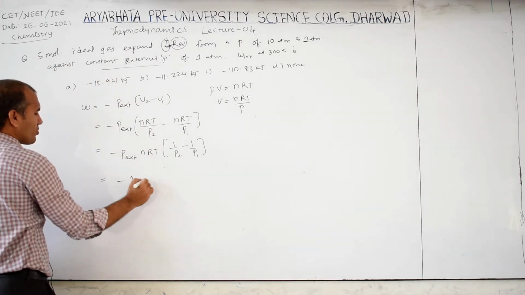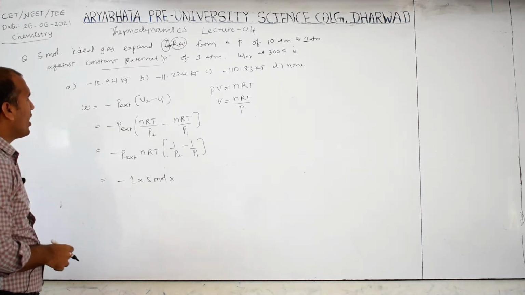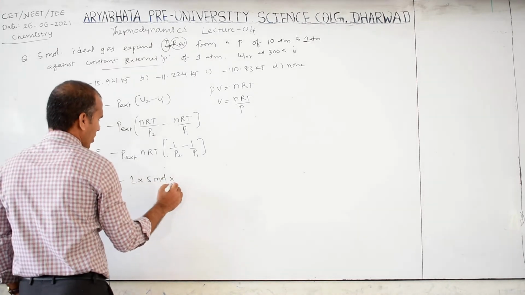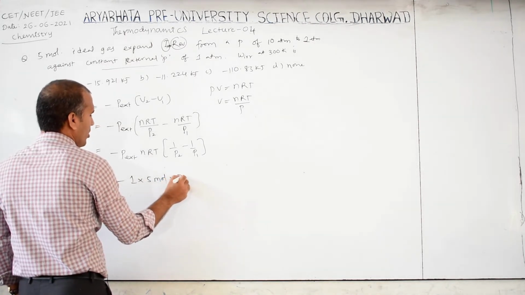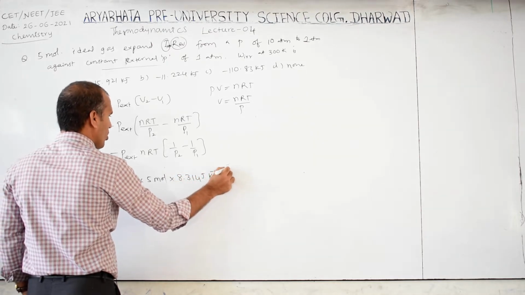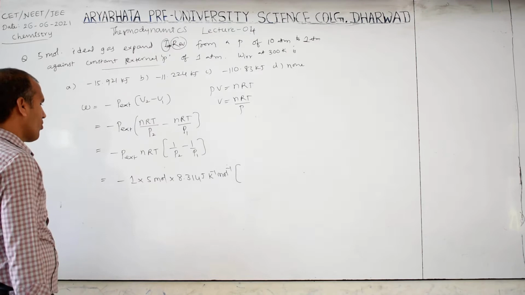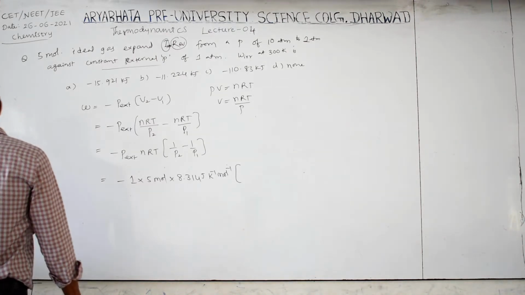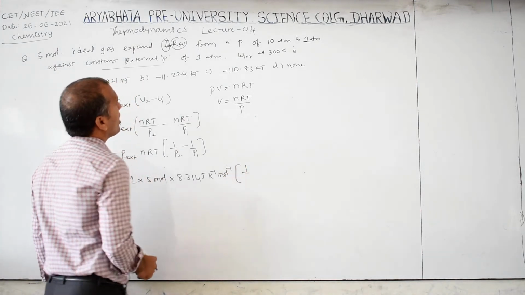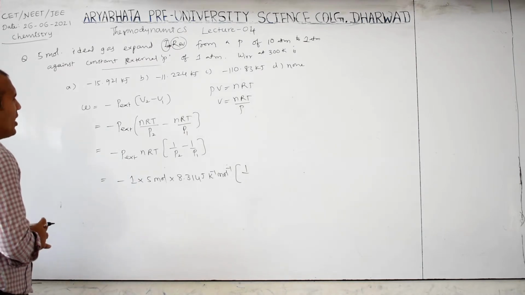So before that, if you want to write units also write, no problem. R value, which one we have to take? Kilojoules are given. Kilojoules mean compulsory you have to take 8.314 joule Kelvin inverse mole inverse, and this is 1 by P2. 1 by P2 mean here 10 atmosphere to 1 atmosphere, that is called expansion.